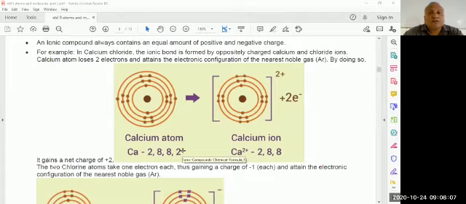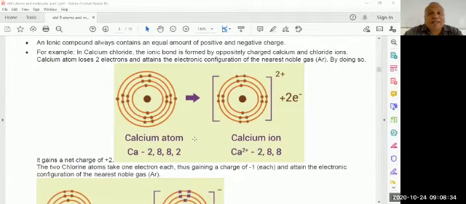But this calcium atom tries to complete its outermost orbit, and it needs 6 more electrons. But 6 electrons are not attracted towards the center, as that much positive charge is not present, so the atom will not be stable.